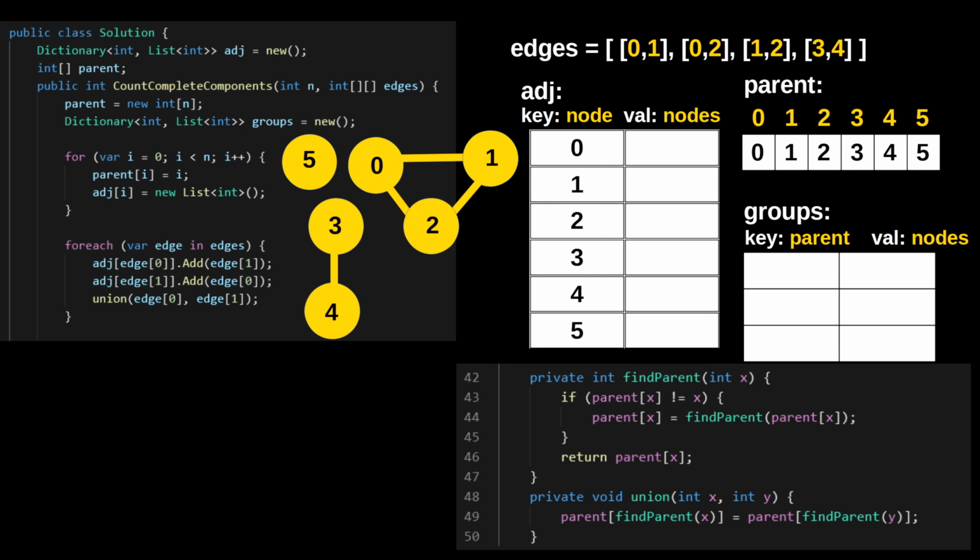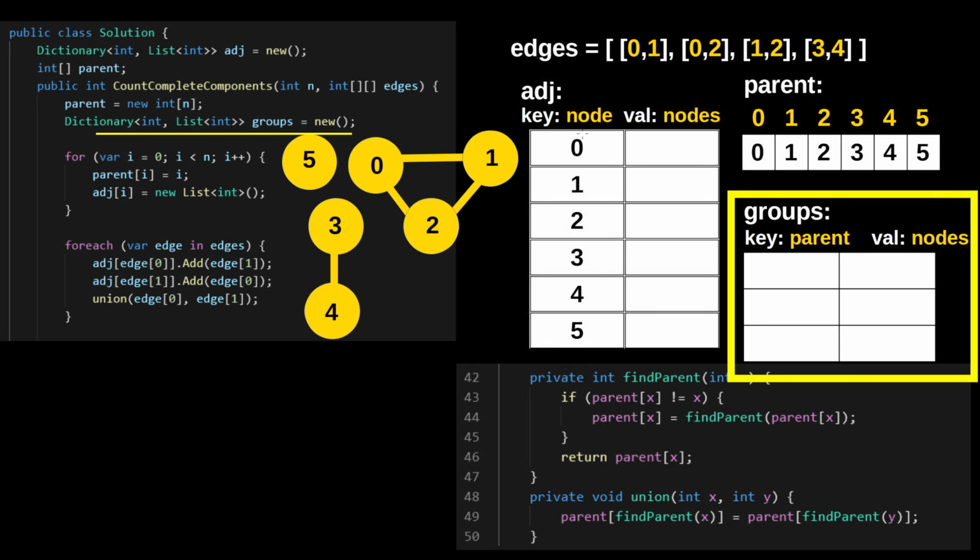For example, for vertex 0, the values are 1 and 2 because both vertex 1 and 2 share an edge with 0. I also have another hash map called groups where I store the information of each component. The key is the parent node and the value is the list of nodes that are in that component.